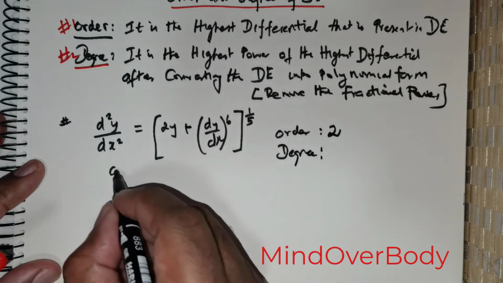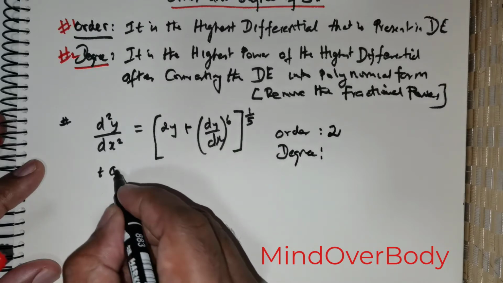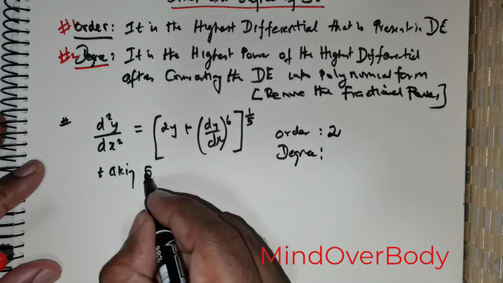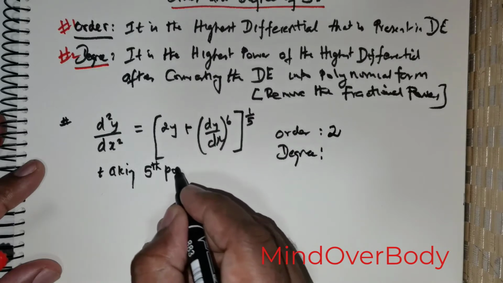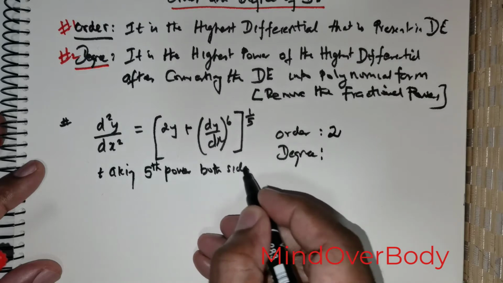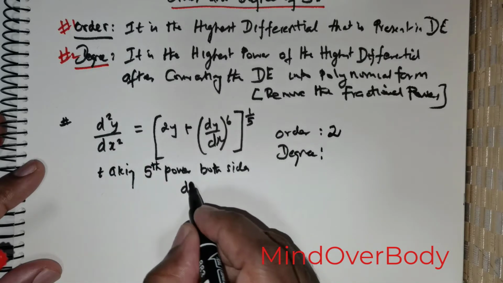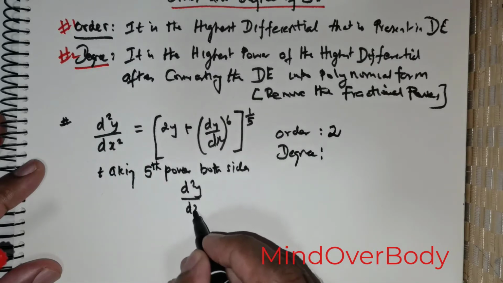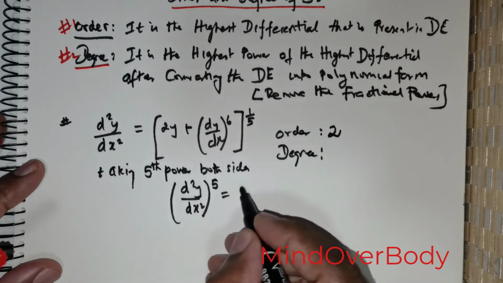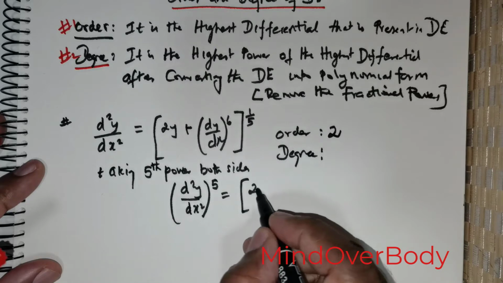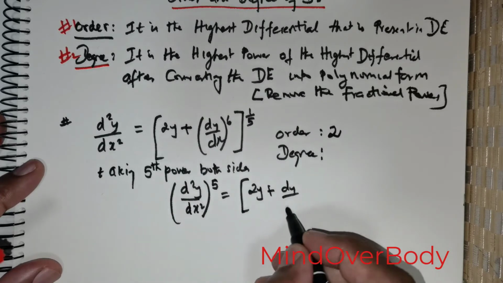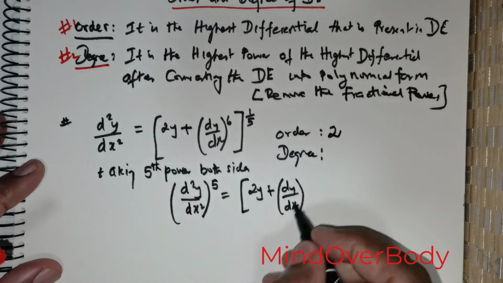So what I will be doing is taking the fifth power both sides. So this is going to be d squared y over dx squared. Now I'm taking the fifth power both sides, and on the right hand side is going to be 2y positive dy over dx raised to the power of 6.